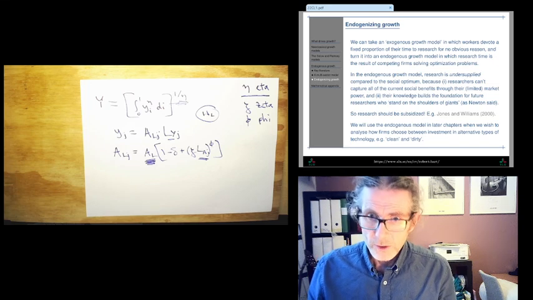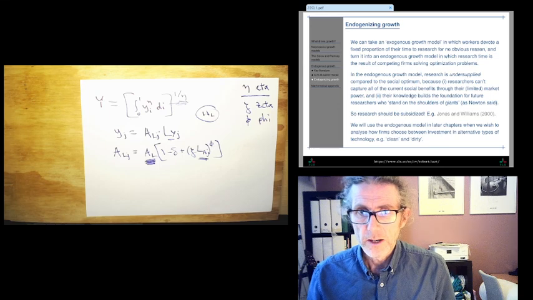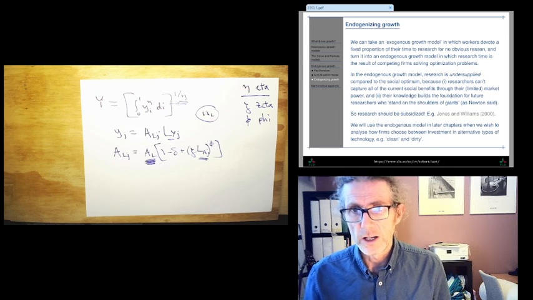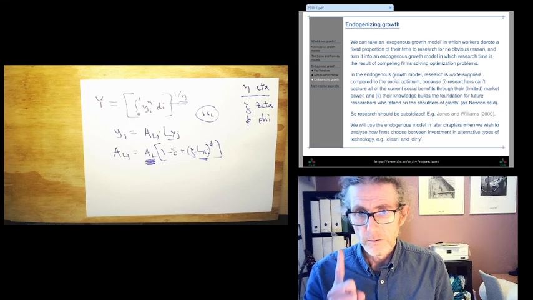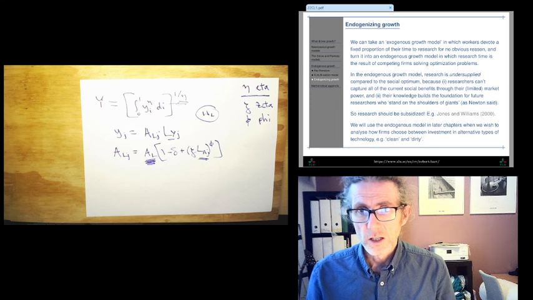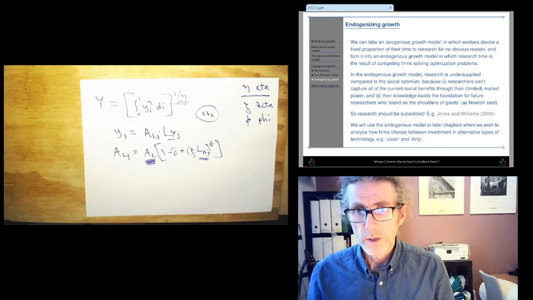And when we start doing policy analysis, we find that in the endogenous growth model, research is undersupplied compared to the social optimum for two reasons. Firstly, researchers can't capture all of the current social benefits because their market power is limited.